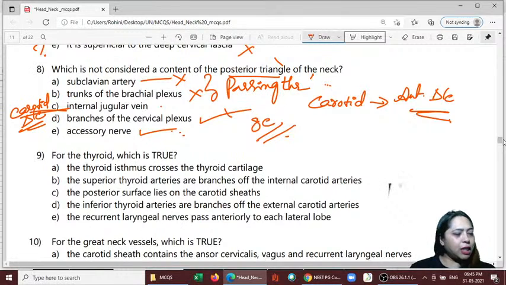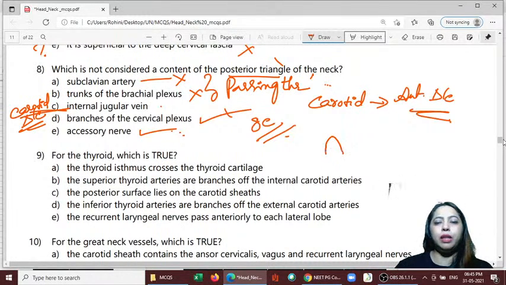Okay, let's go to the next one. The ninth one. For thyroid, which one is true? So there are various statements for the thyroid. The thyroid isthmus crosses the thyroid cartilage. Thyroid isthmus is the one. So now here is a thyroid gland.